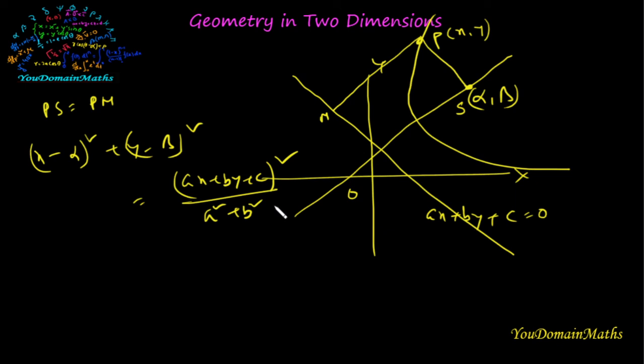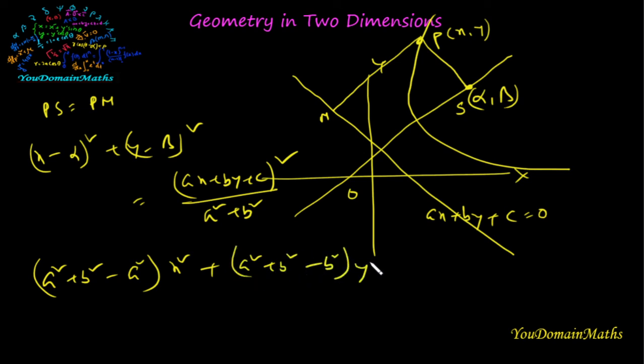Squaring both sides and simplifying, we can say that the coefficient of x square is (a square plus b square) minus a square, that is b square. Similarly, the coefficient of y square is a square plus b square minus b square, that is a square, and the coefficient of xy is minus 2ab.